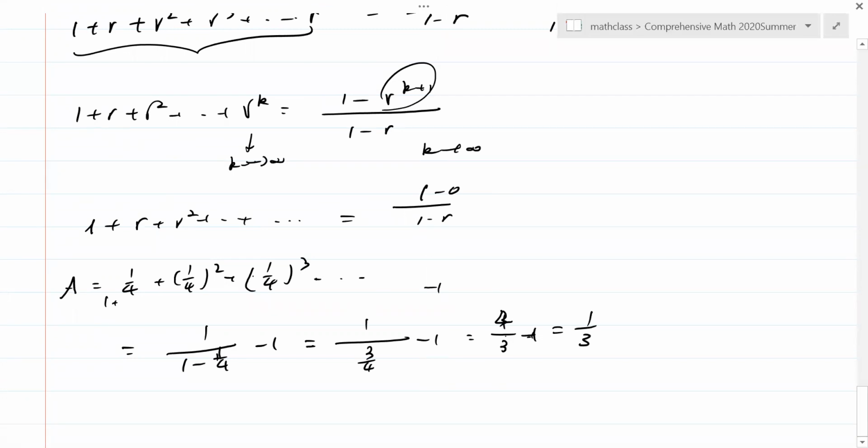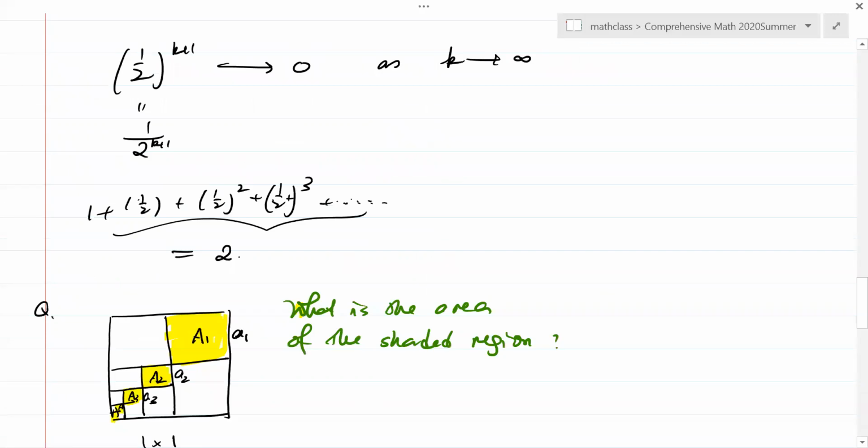Okay, so it's about 1/3 of the region. The sequence of squares has a total area of 1/3. But if you look at just one square, this is the area of 1/4, 1/4 of the total area.